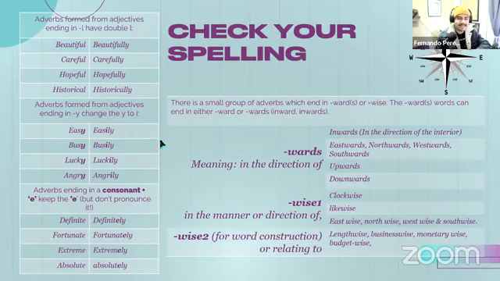And that's the thing about this one. Wise has two different meanings here. When you say likewise, likewise is not talking about the direction. It's a second meaning, for word construction or relating to. So when you say likewise, you are saying this is relating to the other, or this is similar to the other.